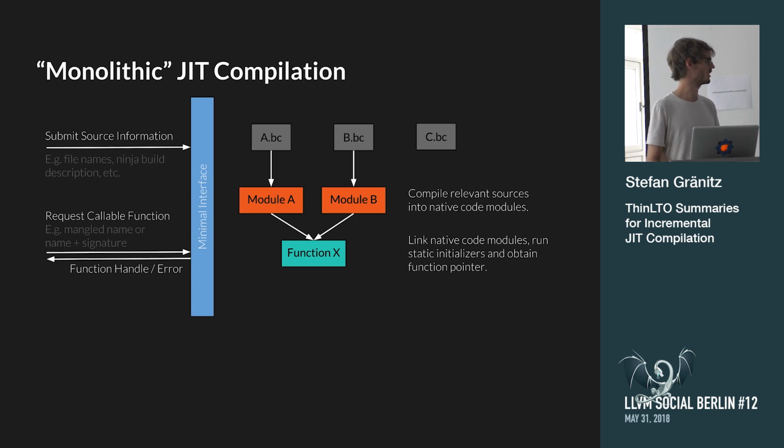So we would give it probably a mangled name or name plus signature, and it will figure out somehow, okay, this function lives in this file and I need to recompile that, and it has these dependencies, so I need that. In this case we have modules A and B, and they need to be compiled in order to link or to compile that function and resolve all dependencies, and we can obtain a function pointer from that and return it, or we return an error if there's something missing.